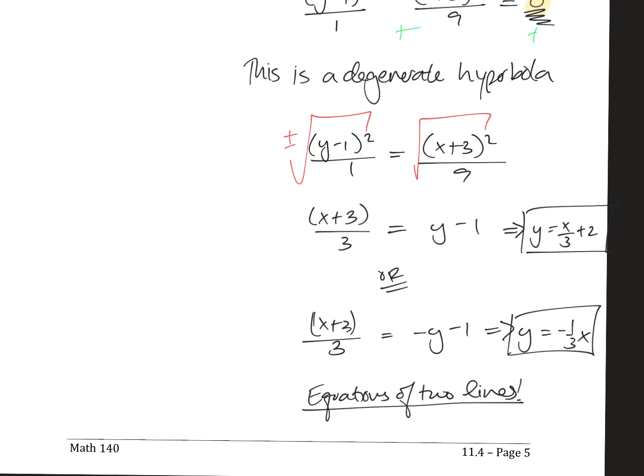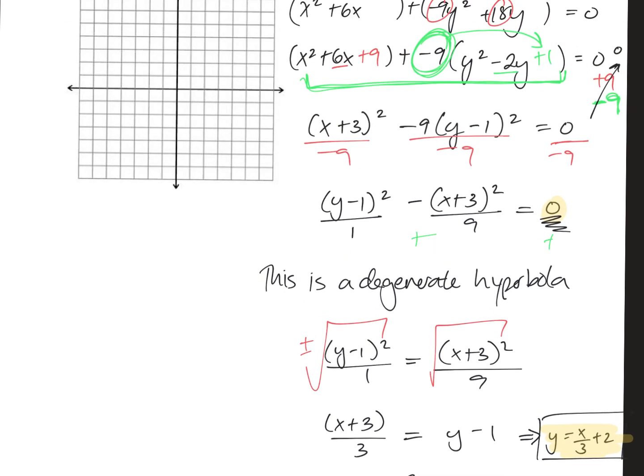So our degenerate hyperbola, actually, when we continued solving for y, we ended up with the equation of two different lines. Let's go ahead and graph our answer. So let me just go ahead and rewrite it up top real quick so we can see it. We had y equals negative 1/3 x and y equals 1/3 x plus 2.